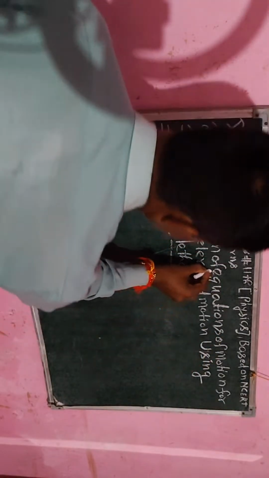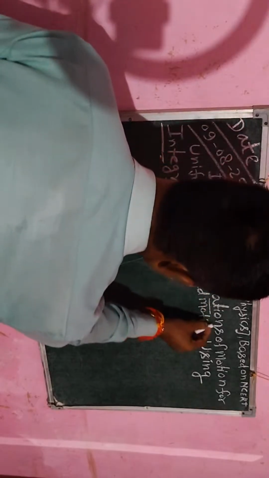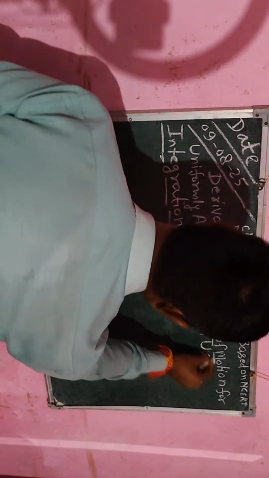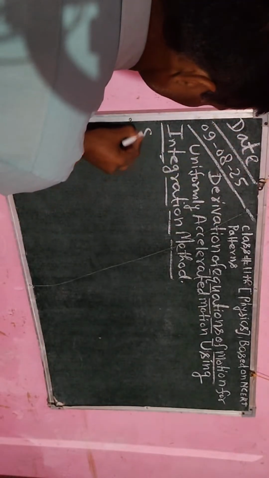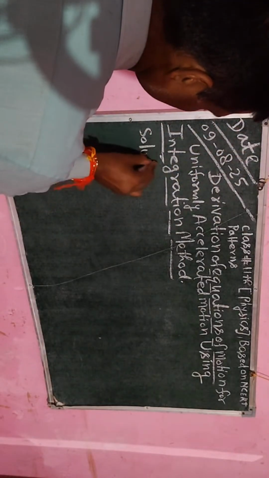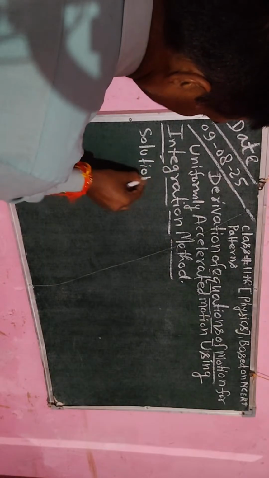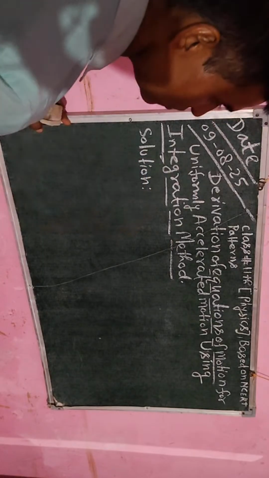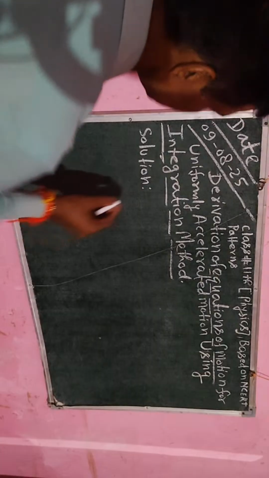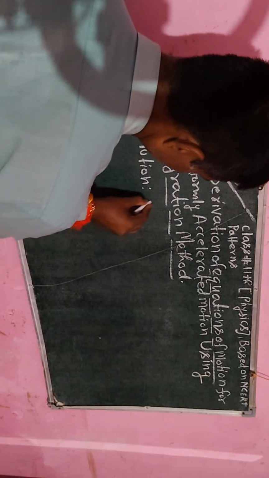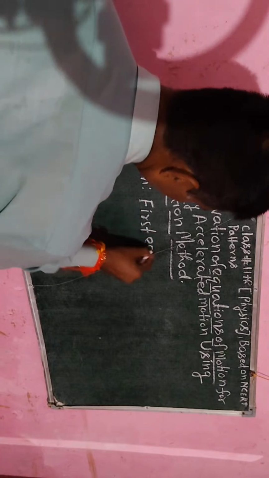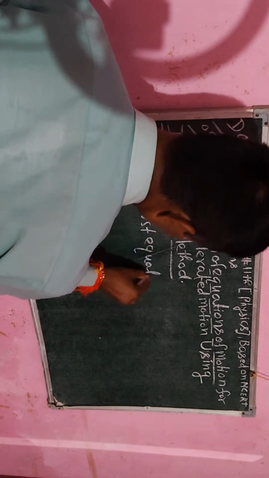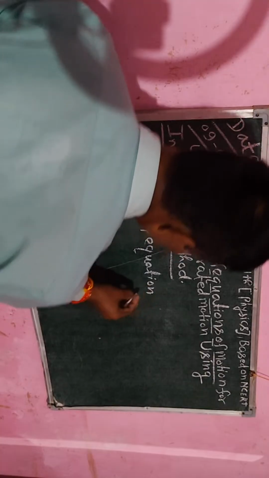Here I have written the equations of motion. I will explain all this information in detail. Okay student, so you concentrate here. First of all, here I will write the solution, and then I will write the information, that is, the first equation of motion.